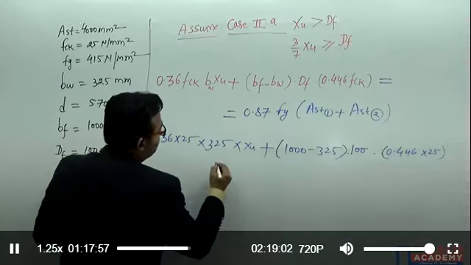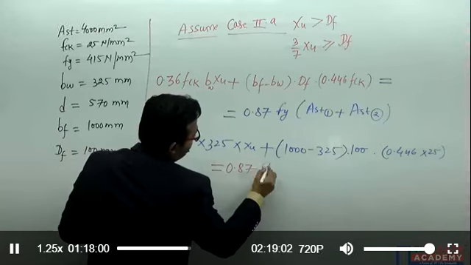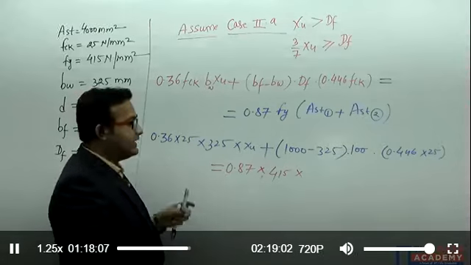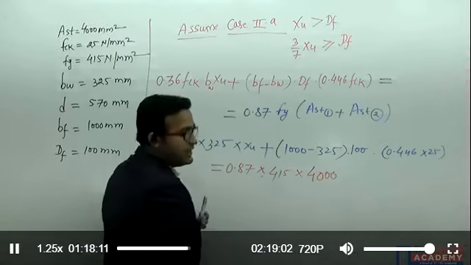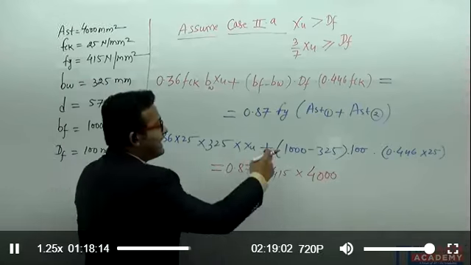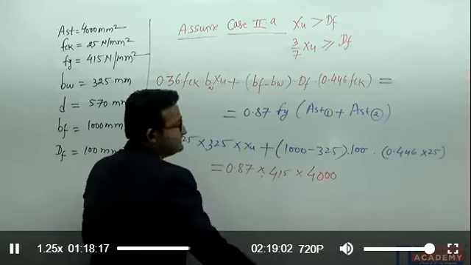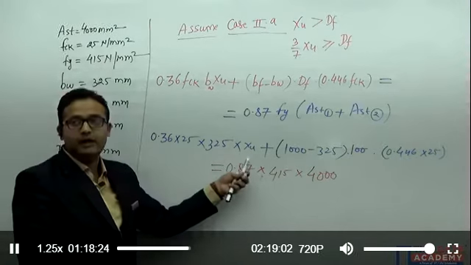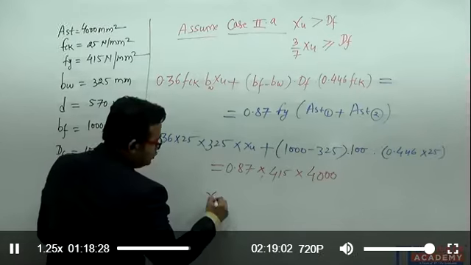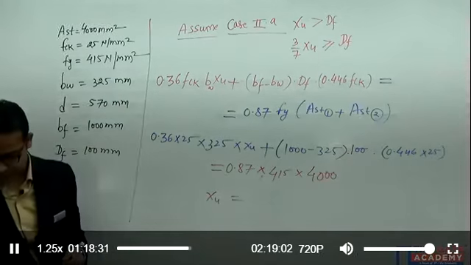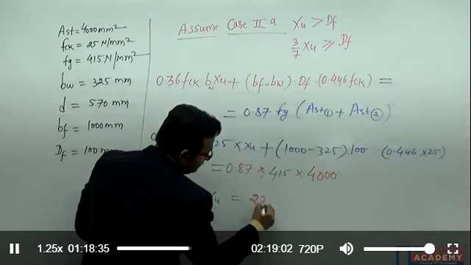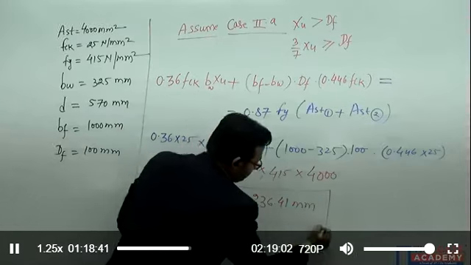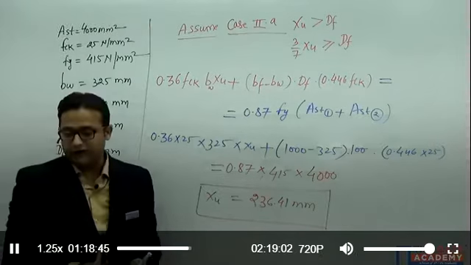This should be kept equal to the total tensile force, that is 0.87 Fy, where Fy is 415, into the total AST they have given me here, 4000 mm square. This second term is known. This term is also known. The right hand side term is also totally known. Only the XU is not known. So we can calculate from here. And if you calculate, you will get the value XU equal to 236.41 mm.